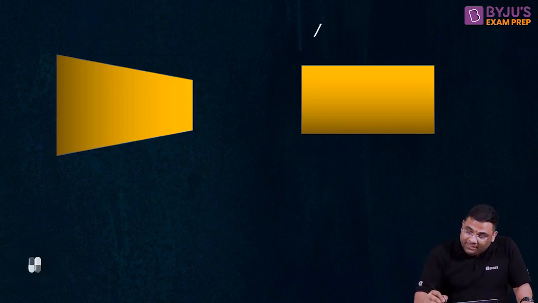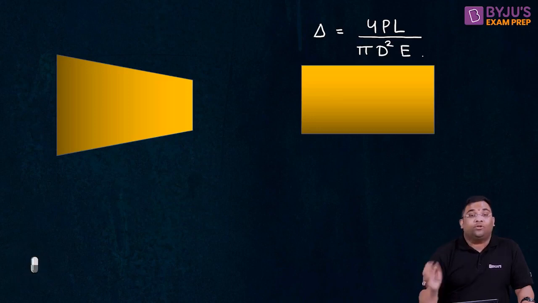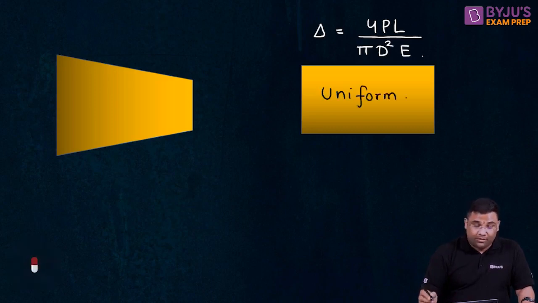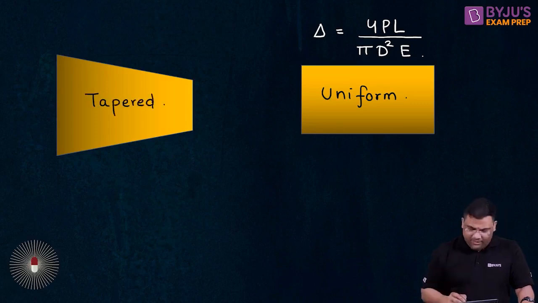You see, this is a bar of uniform cross-section. The deformation formula is 4PL by pi D square into E. This formula we just saw is for a uniform, circular cross-section. Now if we have a tapered cross-section, very simple.